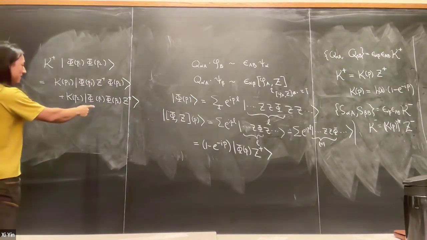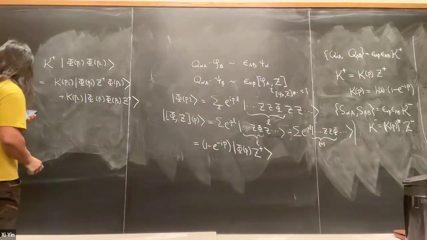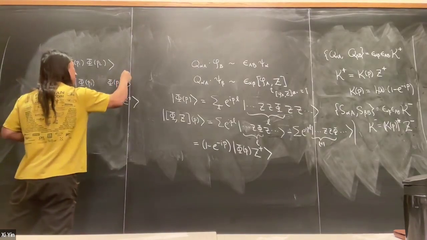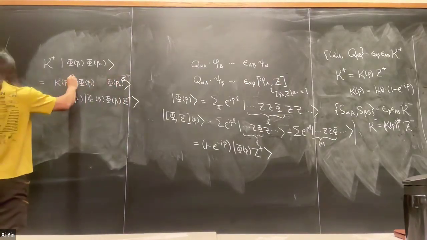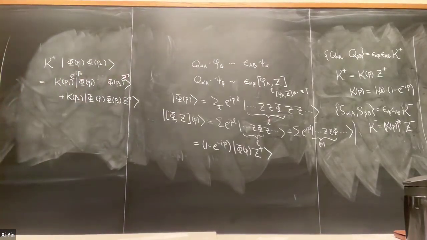Now you have to remember that these two are not the same, so K is not additive. But you can easily make them the same. Move this Z plus to the right. If you include a factor e to the minus i P2, then they're equal.